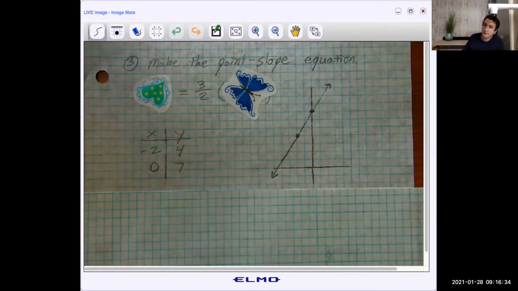Yeah, that's what I would do. In point slope, you always need to use a point and a slope. They gave us the slope, so now we just need to use a point to make the equation. Thank you, Cooper. Any other ideas?